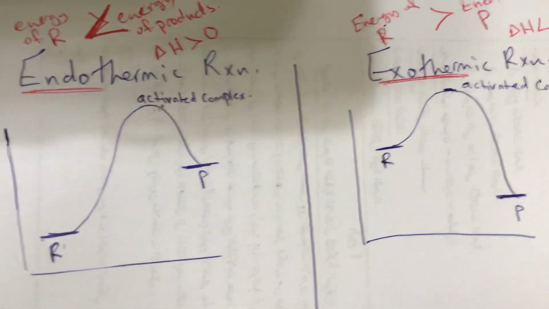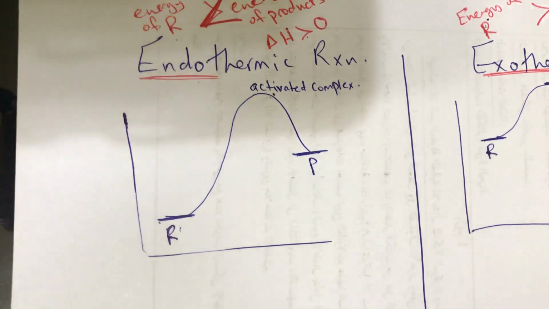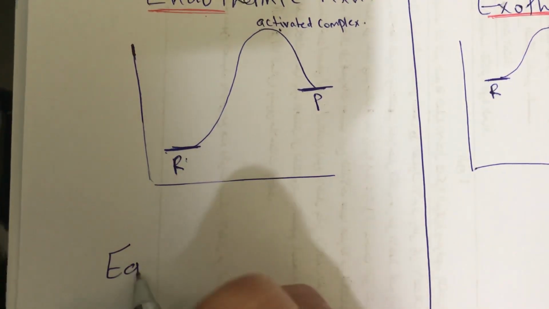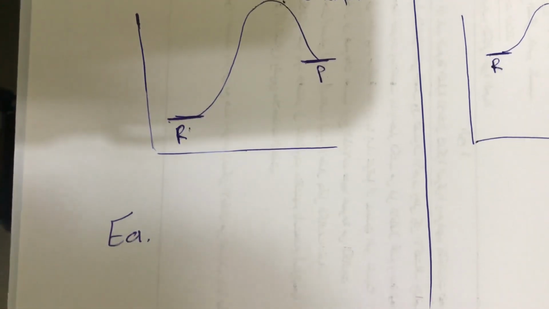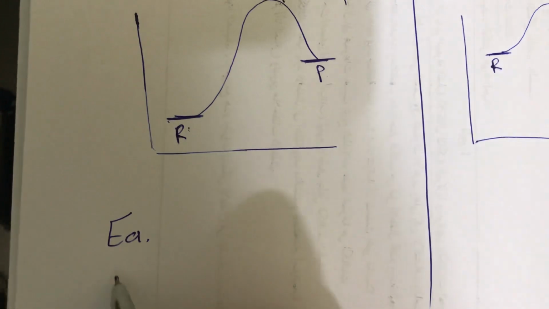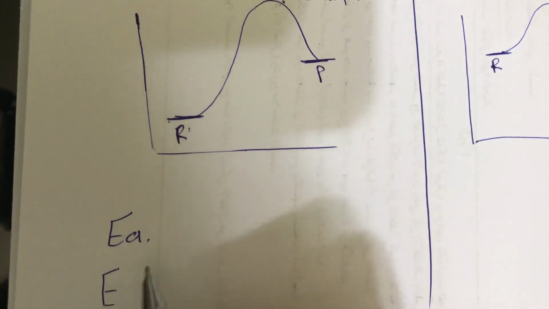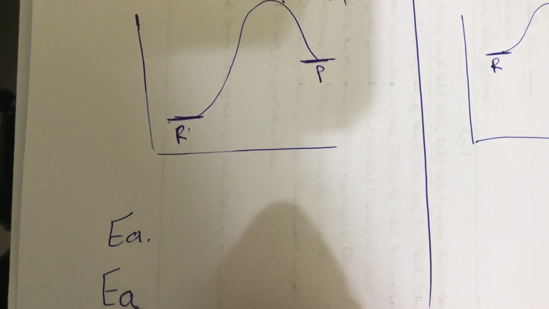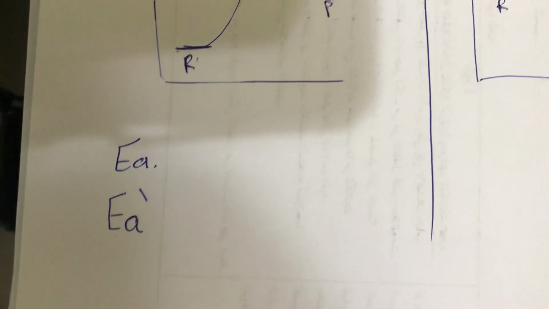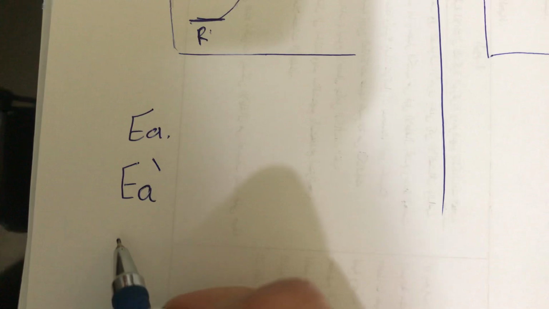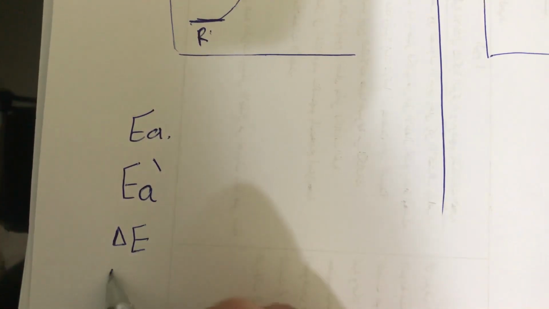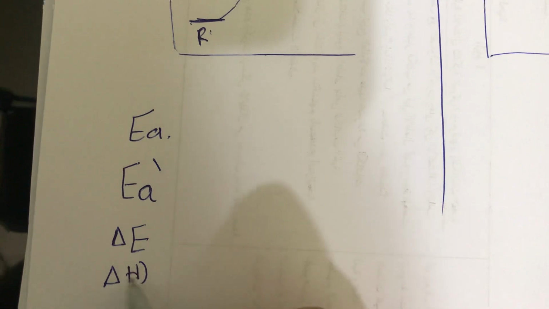So for here, some questions ask about the activation energy, or activation energy for the forward reaction, or maybe ask about activation energy for the reverse or backward reaction, or it may be asked about difference in energy or delta H.